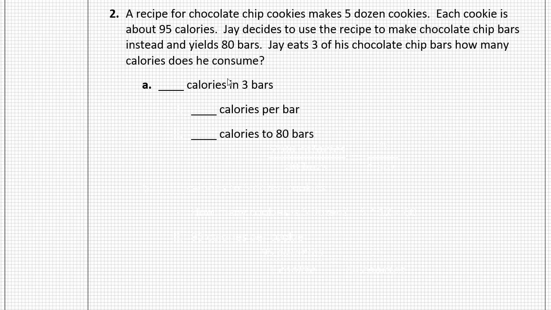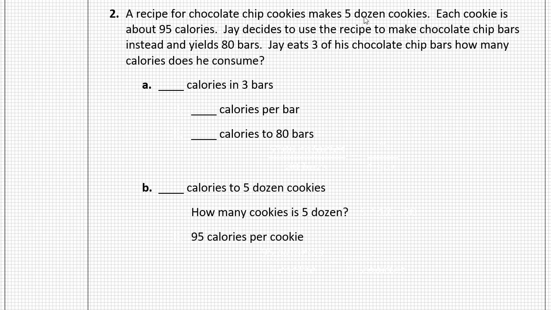So this is what Jay makes, but he's using this, right, as we work our way back through the problem, in a recipe that makes 5 dozen cookies, and each cookie is about 95 calories. Well, that's a rate that we probably need to note down. So using this information, we can ask ourselves things that we need to know, such as we knew the rate each cookie is 95 calories, but we're talking about a recipe that makes 5 dozen cookies.